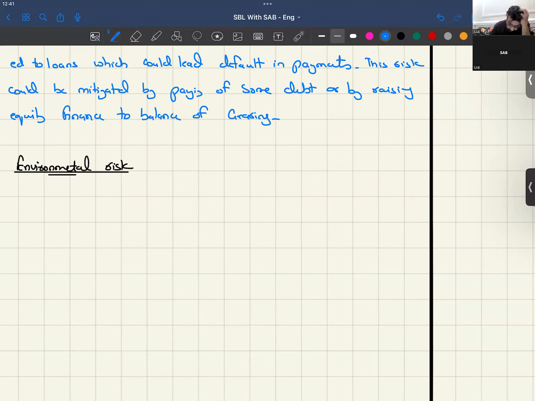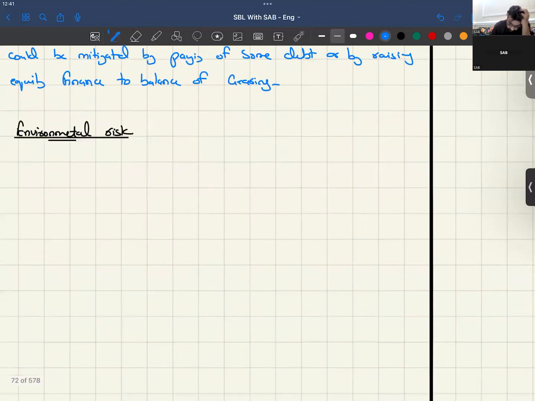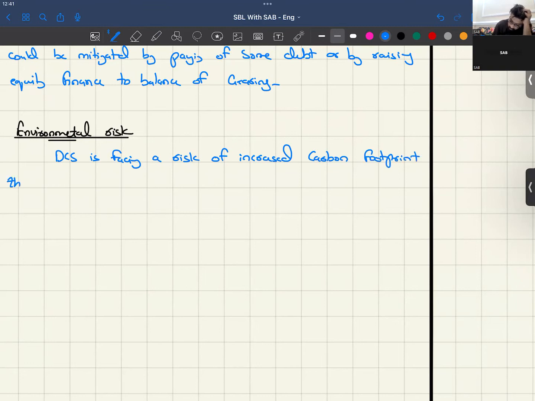So DCS is facing a risk of increased carbon footprint through its value chain, right?